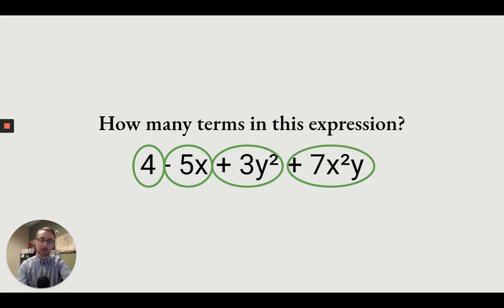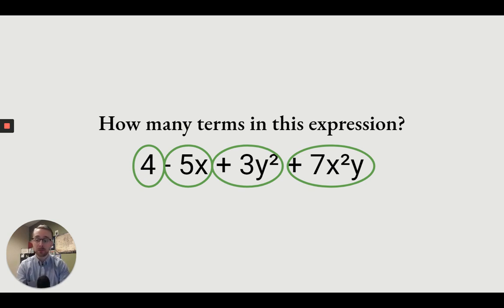The terms are separated by operations, addition and subtraction. Notice that when I'm separating these terms and identifying them, I'm including exponents. Even if it has more than one variable, like 7x squared y, that's all one term. A term can have more than one variable.